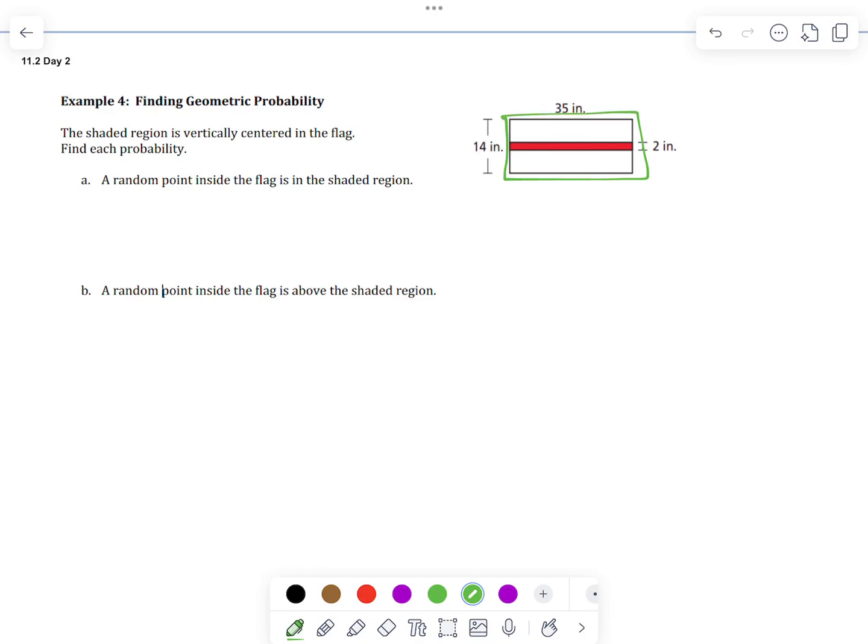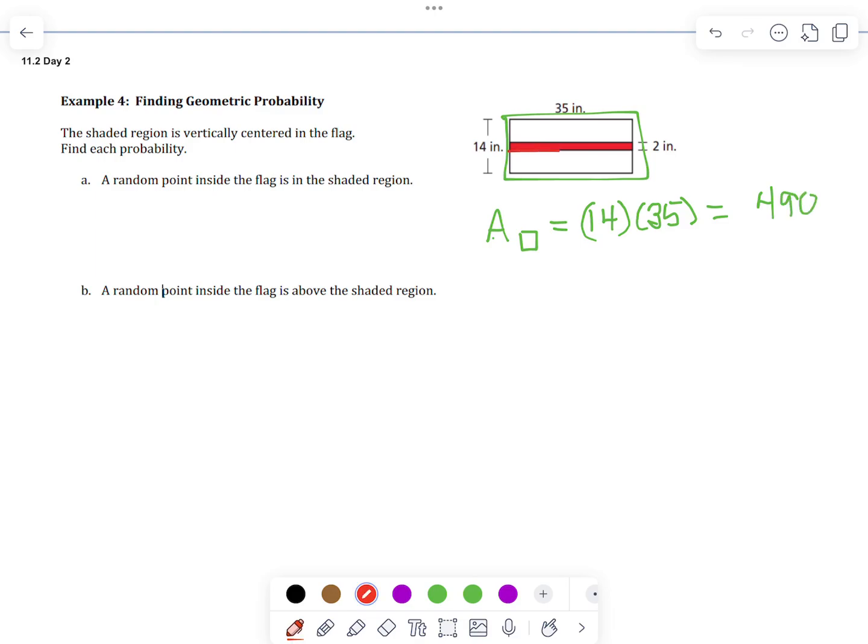So the area here in the green. So the area of the green rectangle is going to be the length times the width. So 14 times 35 is 490.